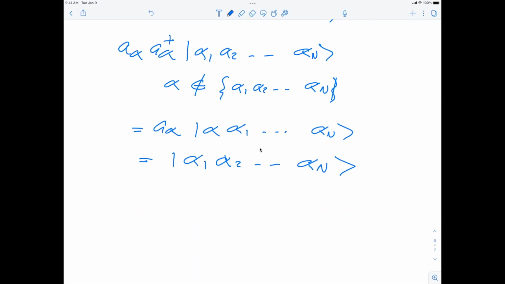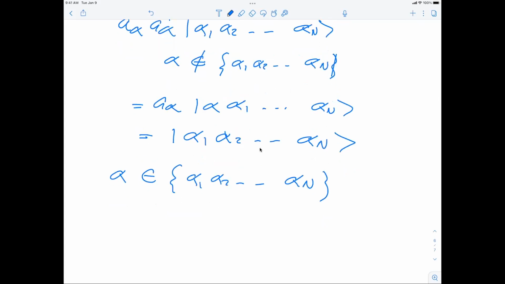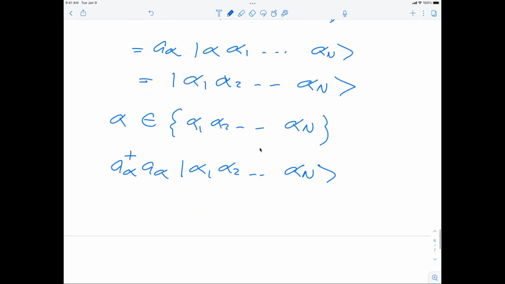So let's now assume that alpha is actually included in this alpha 1, alpha 2, up to alpha n. The case when it was not included was trivial. So let's look at this case. What we are going to take now is A alpha dagger, A alpha, acting on this state alpha 1, alpha 2, up to alpha n. And now we have to be a little bit careful when we are setting up things.